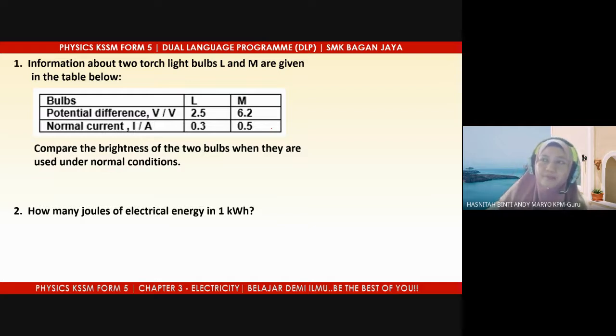How to make a comparison here, students? Okay, how to compare the brightness? Any idea how to respond to this question?